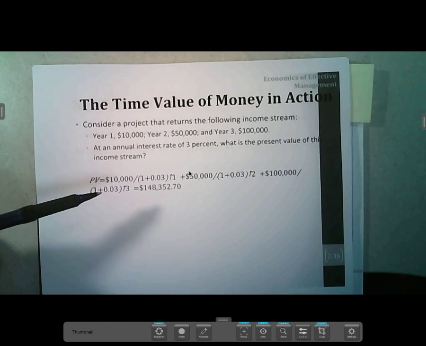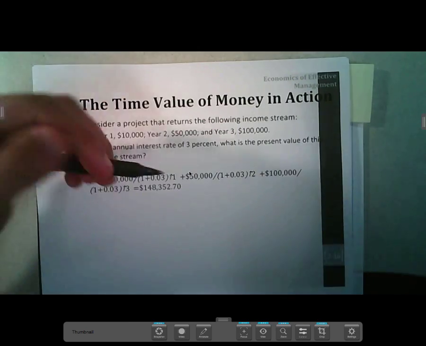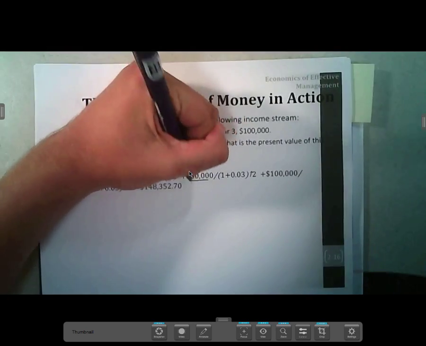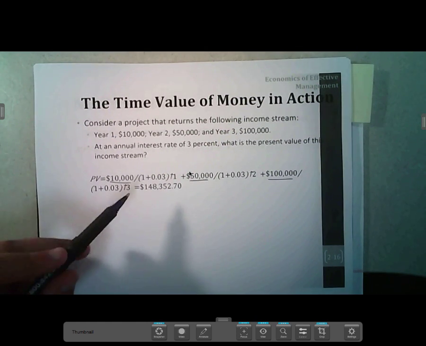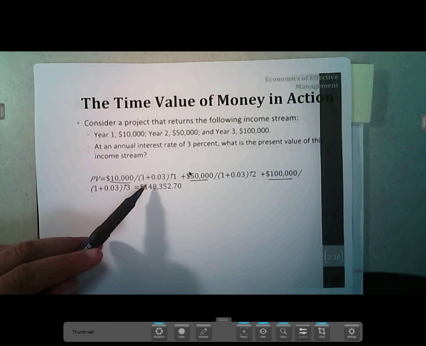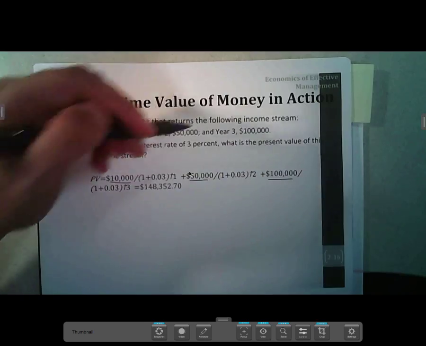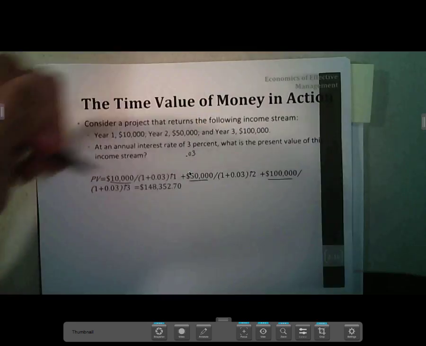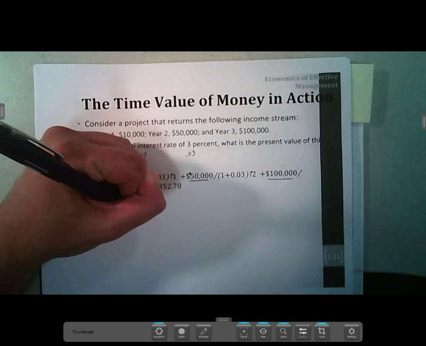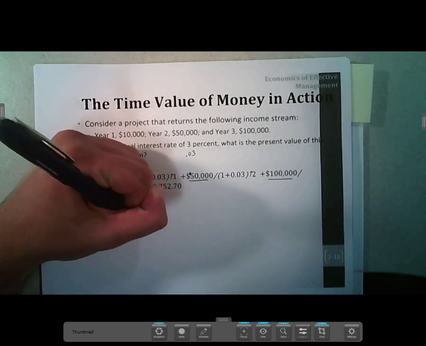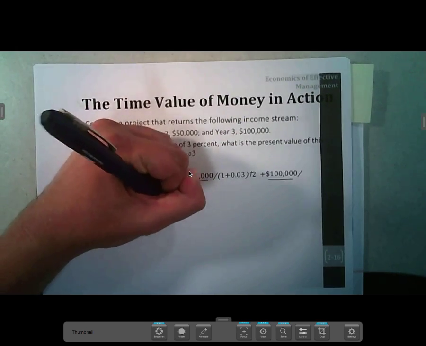So what we could do is take each of these values, the $10,000, the $50,000, the $100,000, and divide each of them by 1 plus the interest rate, or 3%, understood as 0.03.